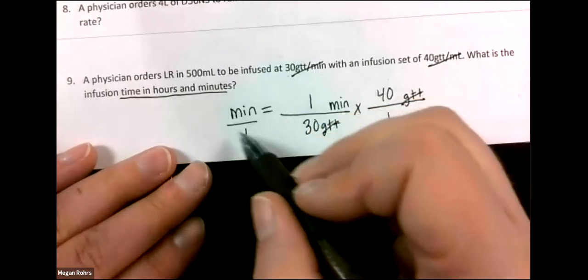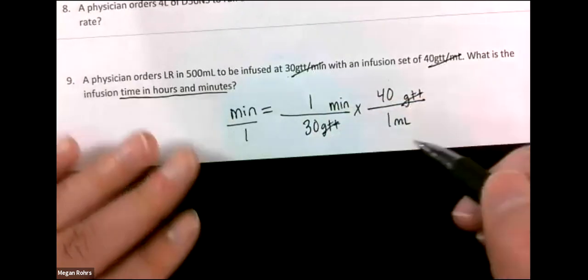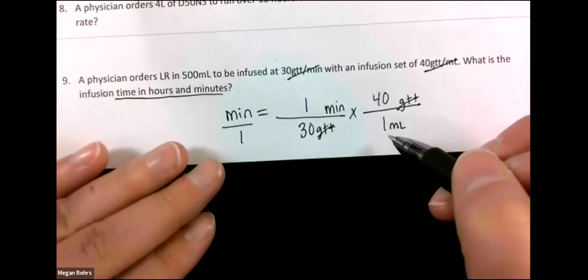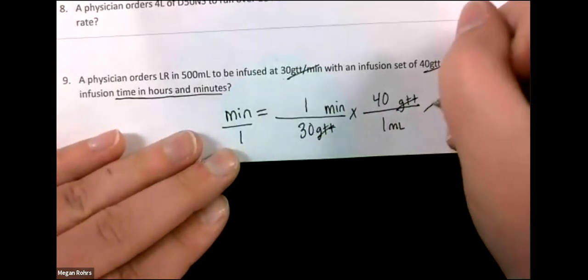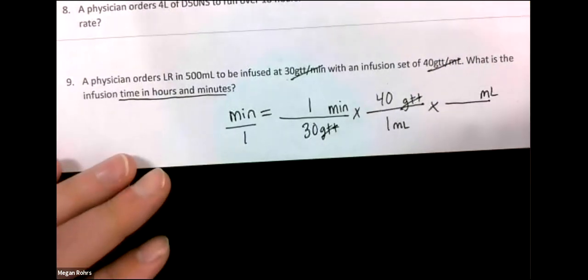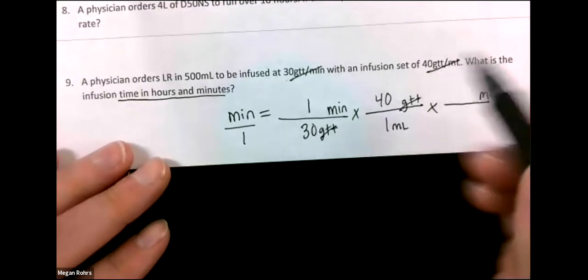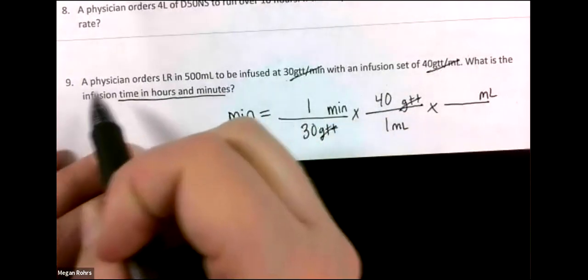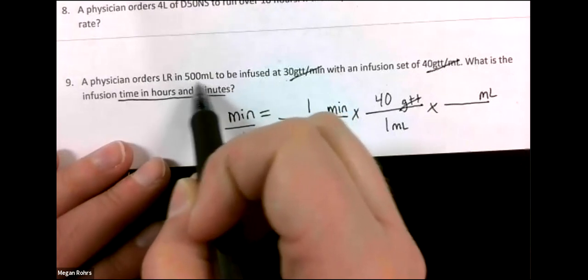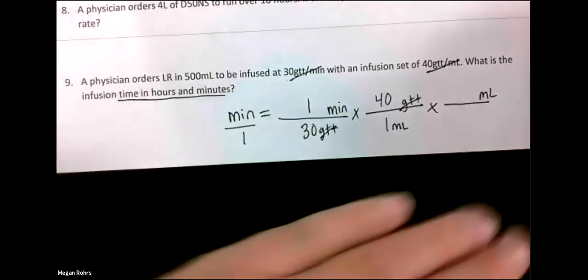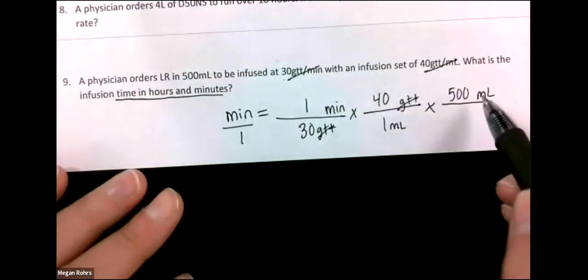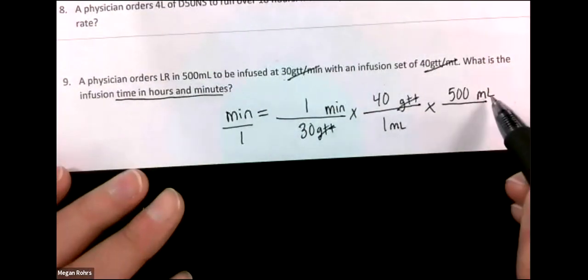I only want to be left with just minutes, so I need to somehow cancel out this milliliters. The only way to do that is to use another fraction that will have milliliters here on top. So the only other thing that I'm given about milliliters is my bag that is 500 mils in total. So if my bag is 500 mils, my mils are going to cancel out.